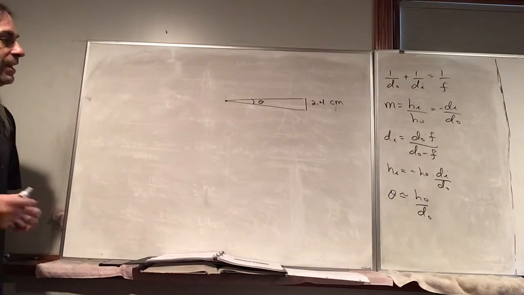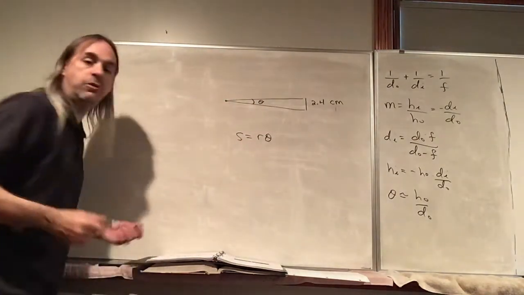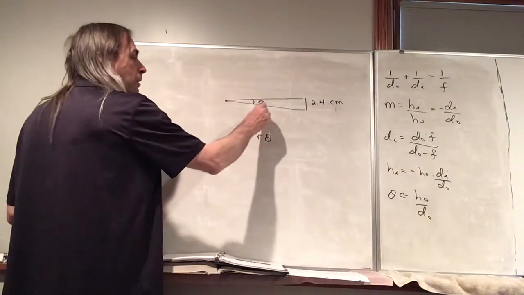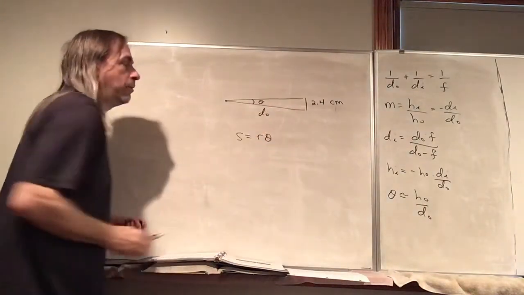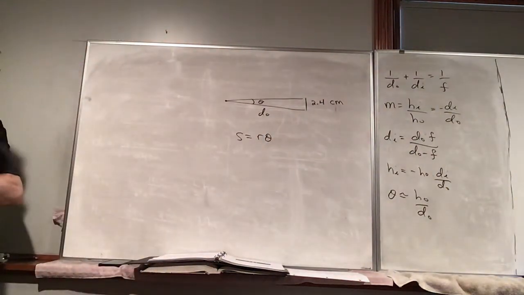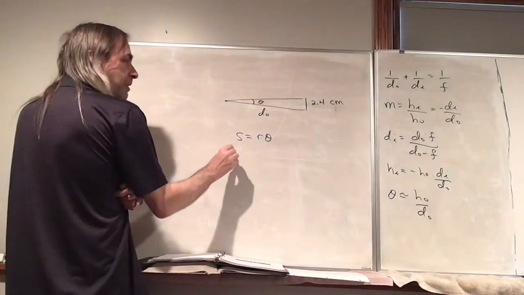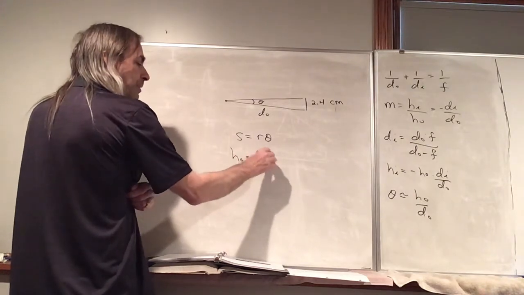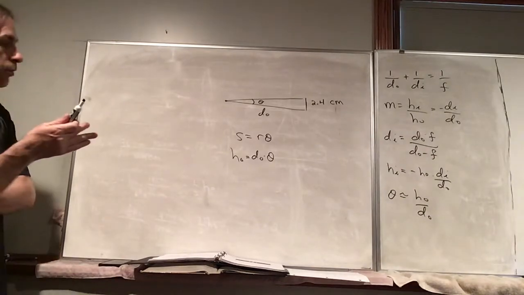Remember that equation, s equals r theta? As long as theta is in radians, that's basically what we're looking at here. This would be the dO, and s would be the height of the object. So height of the object would be dO times theta, so theta is hO over dO.